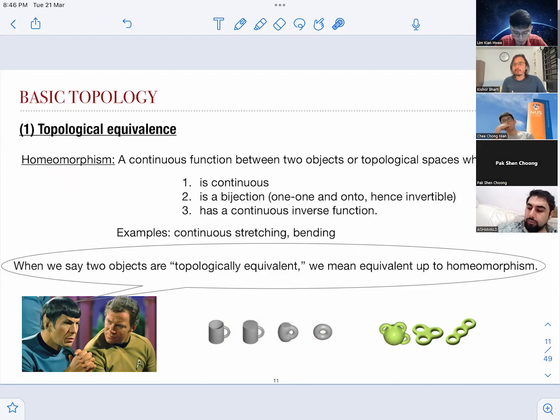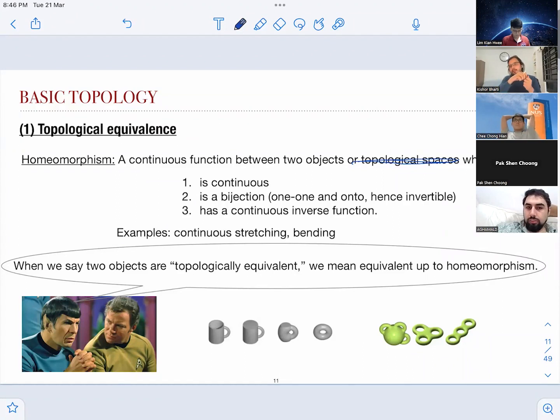So what is a homeomorphism? It's a continuous function between 2 objects or topological spaces; you can just ignore this word, no need to think of it here. It is continuous, a bijection, which means one-to-one and onto, and has a continuous inverse function.